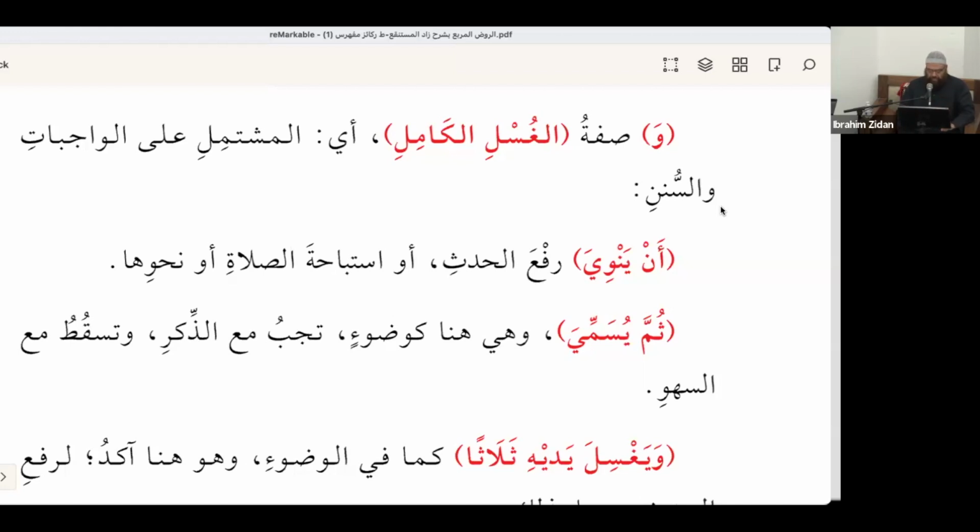So he says here, we'll read a few sentences from Zad. والغسل الكامل, we're reading only the red. والغسل الكامل أن ينوي. Again, if you're memorizing Zad, don't memorize it from here because the tashkil is based on the sharh.